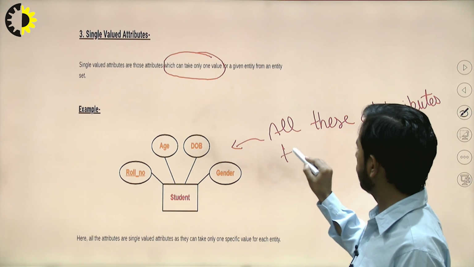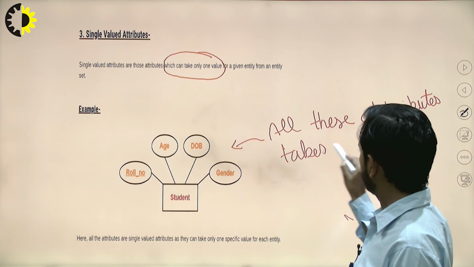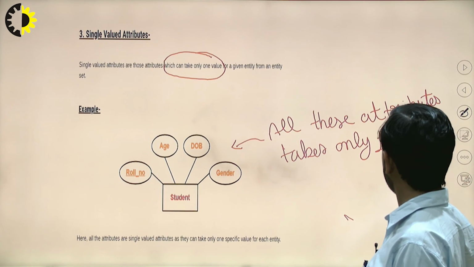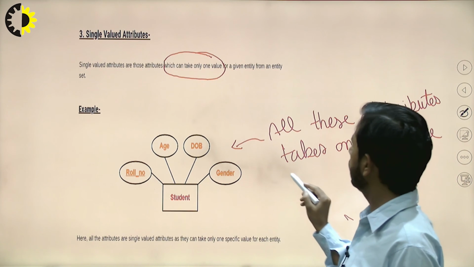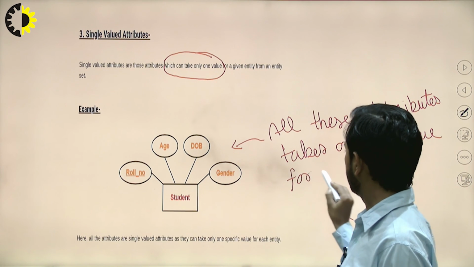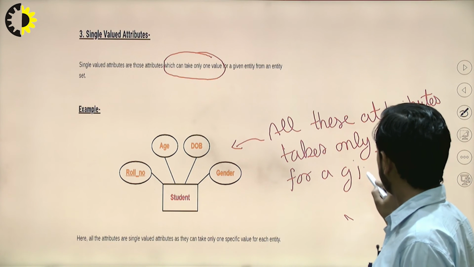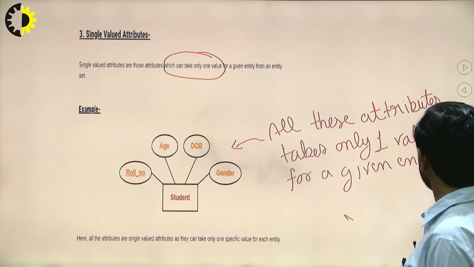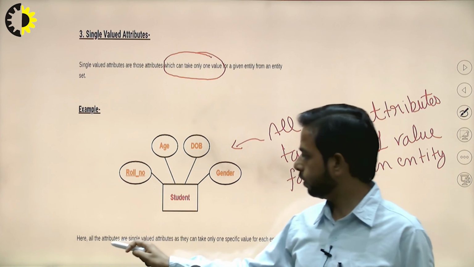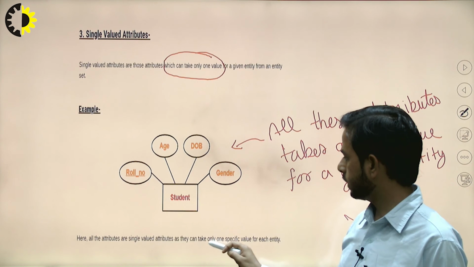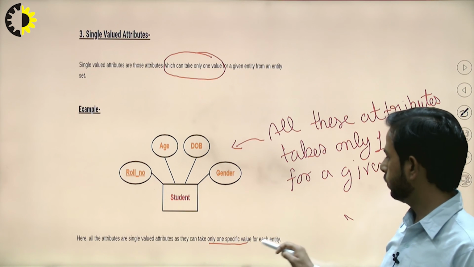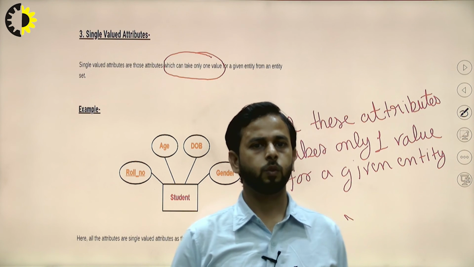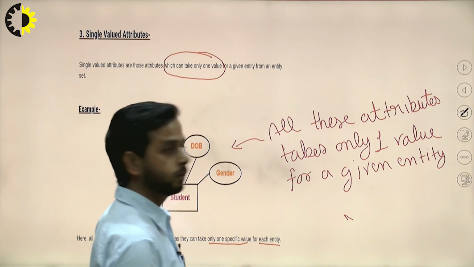So here all the attributes are single valued, as they take only one specific value for each entity.